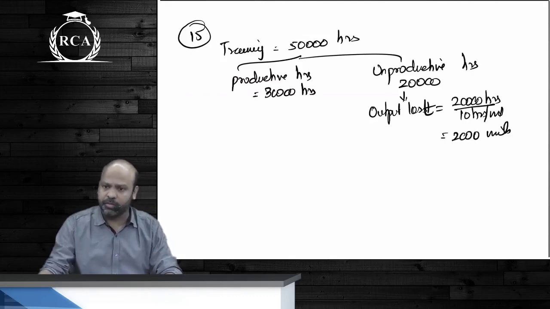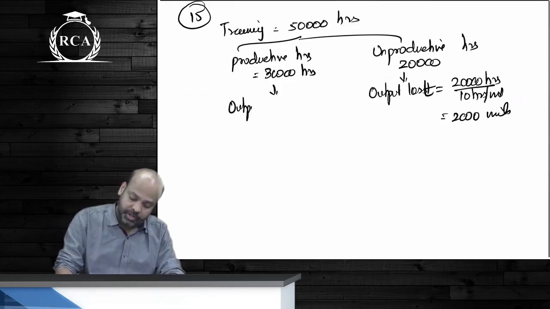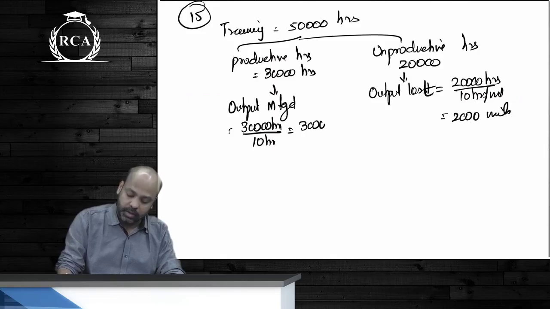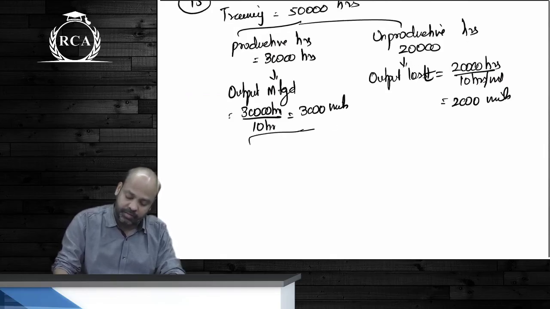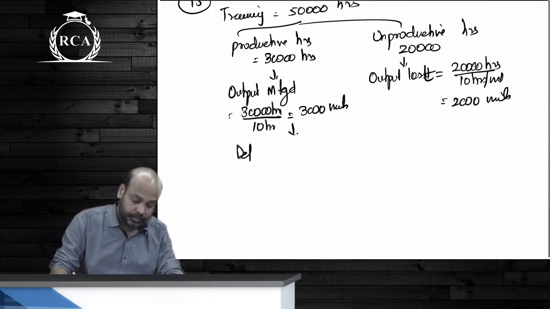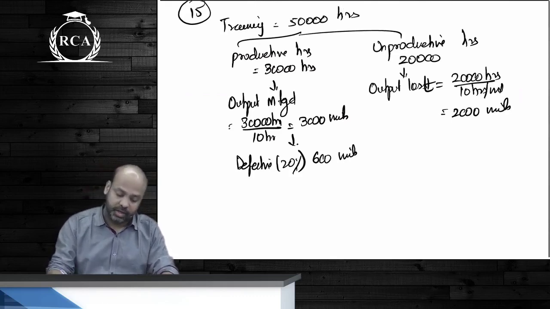We've lost on an output of 2,000 units due to training, and यहाँ पे output manufactured would be 30,000 hours divided by 10 hours, that will be 3,000. ये 3,000 में भी the question says defectives are 20%, which is 600 units. Are we understanding this, guys? During training, we lost 2000 units and another 600 were defectives.